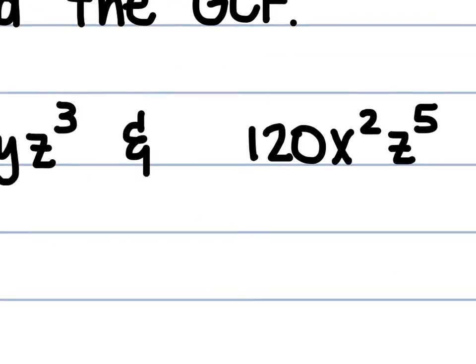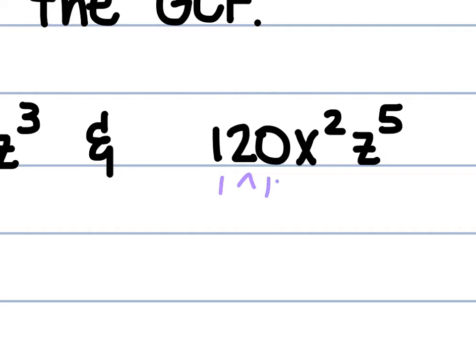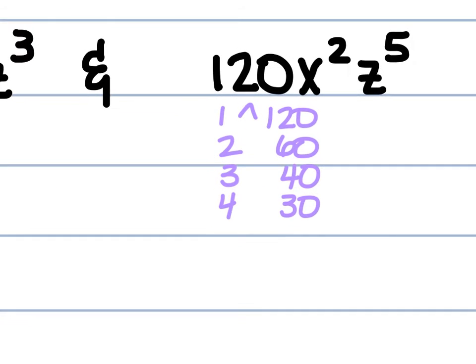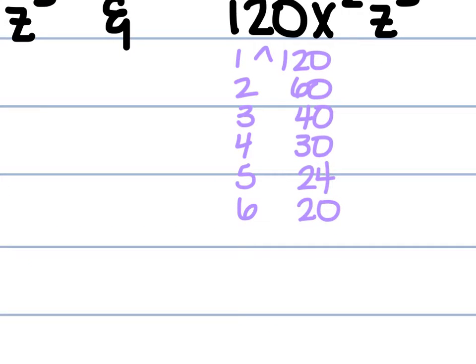The 120, it's going to be 1 and 120, 2 and 60, 3 and 40, 4 and 30. 5 goes into it 24 times. 6 goes into it 20 times. 8 goes into it 15 times. And then 10 goes in 12 times.